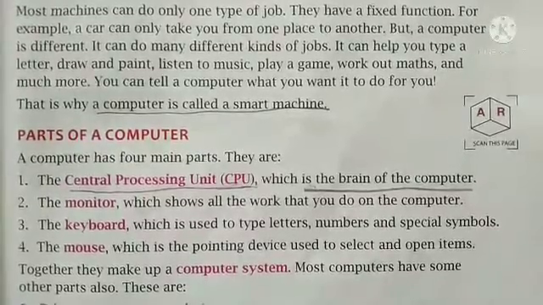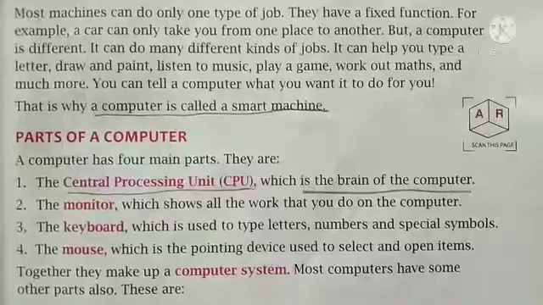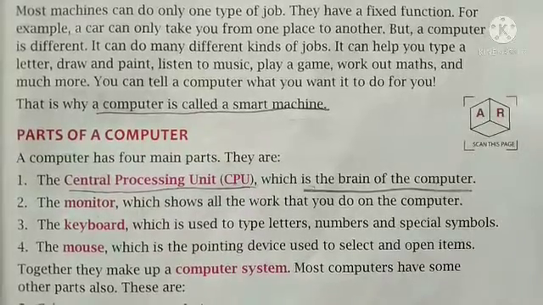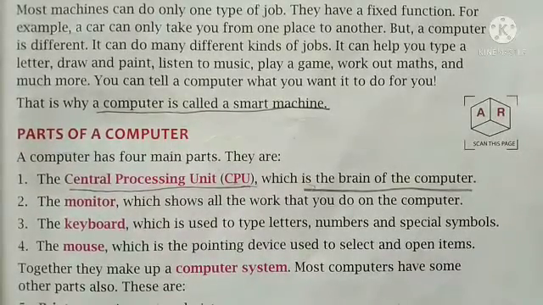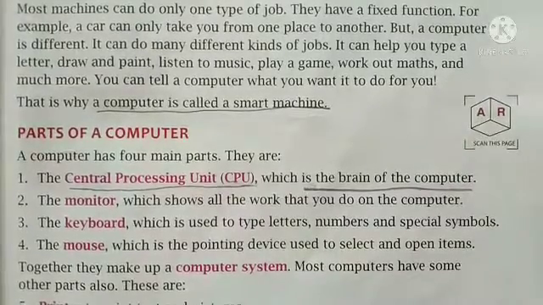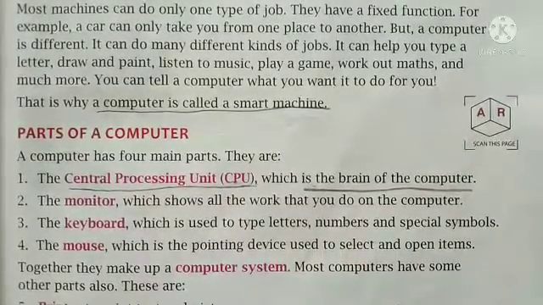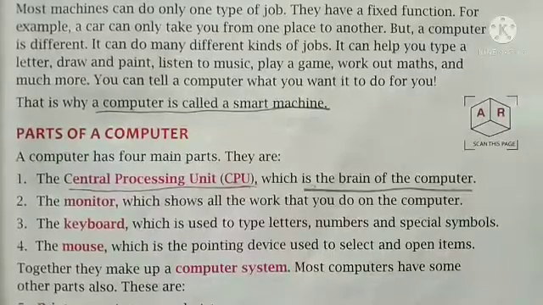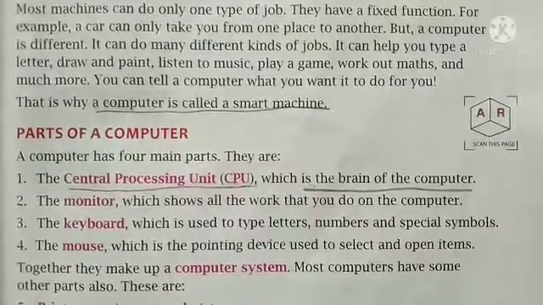So all these 4 parts, that is CPU, monitor, keyboard and mouse, together make up a computer system. If we want a computer to run, we need all these 4 parts.